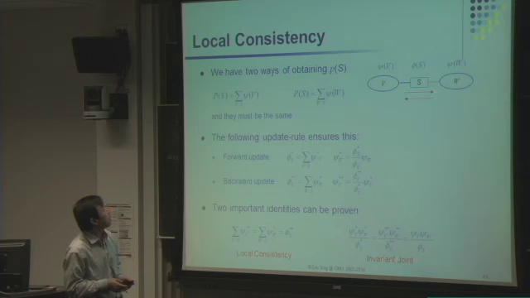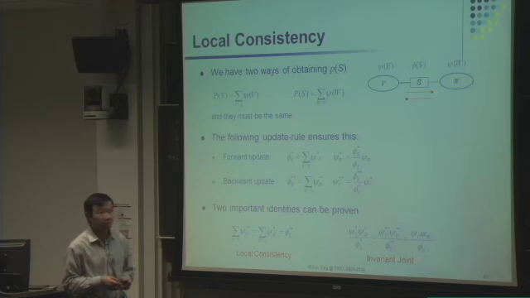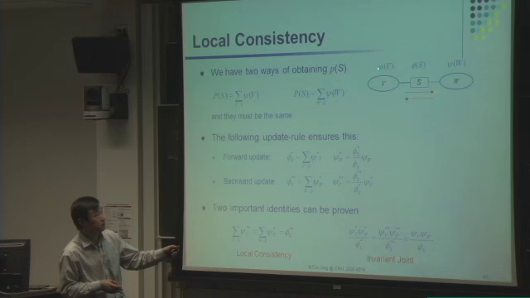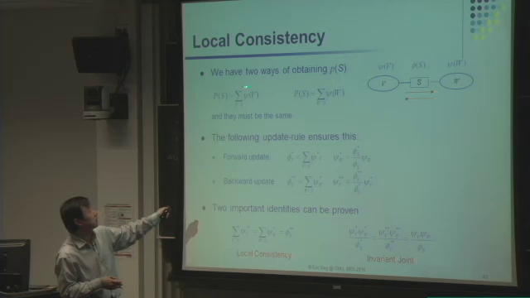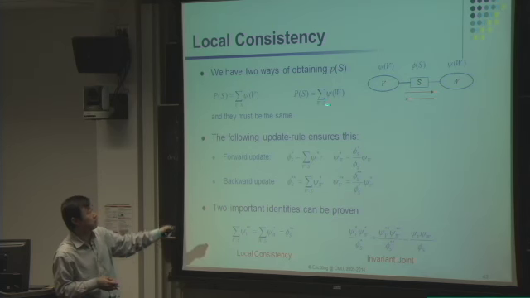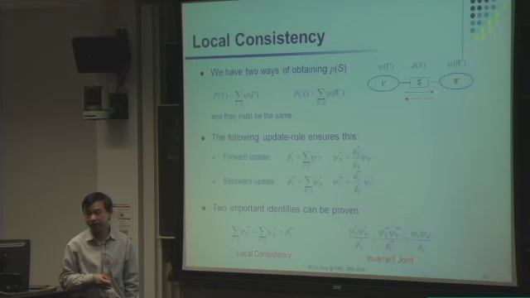First of all, we need to define some important properties of these local potentials. I have the psi and phi on the sets, and they must satisfy what we call a local consistency property. They need to actually lead to correct normalization or marginalization.